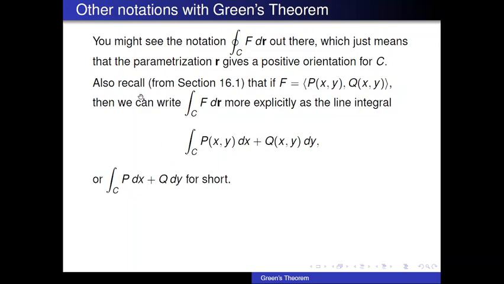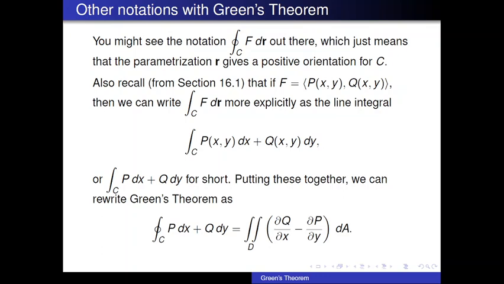That's kind of nice. So another way you might see Green's theorem stated is that this oriented integral along C of the expression P dx plus Q dy may be traded for the ordinary double integral over D of the partial derivative of Q with respect to x minus the partial derivative of P with respect to y. This is a rather nice looking statement.